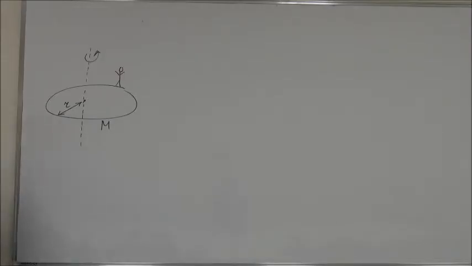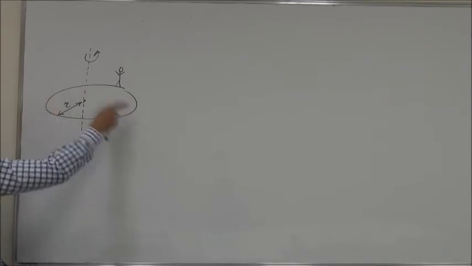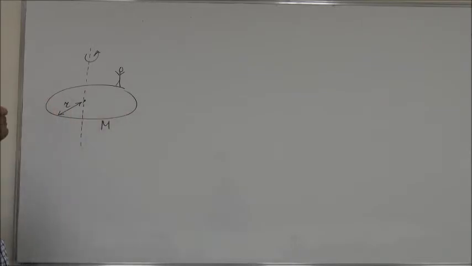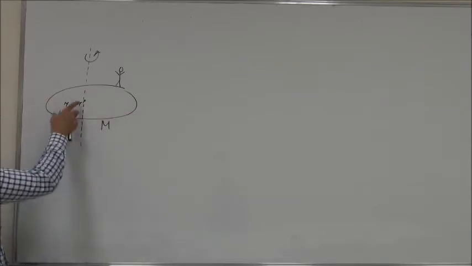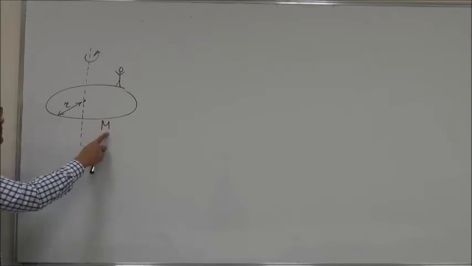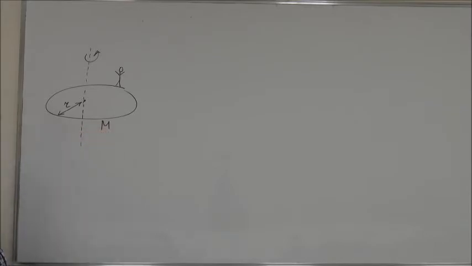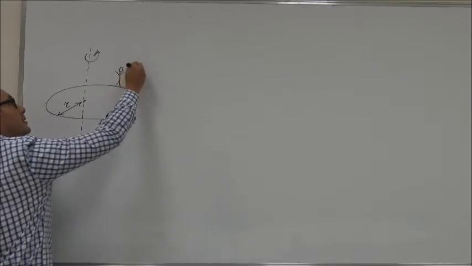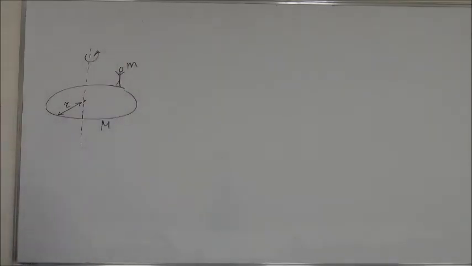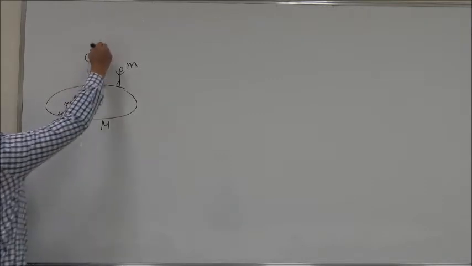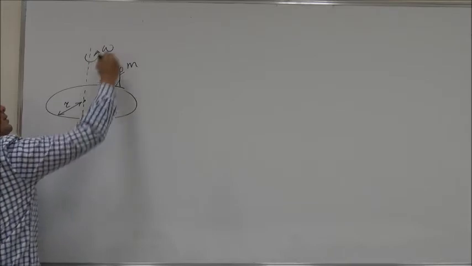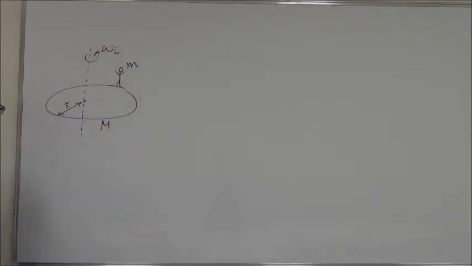So in this problem, we have a circular thin platform of radius r and mass big M. On that disk, on that platform, there is a person standing at the rim. The platform is rotating with some initial angular speed omega.